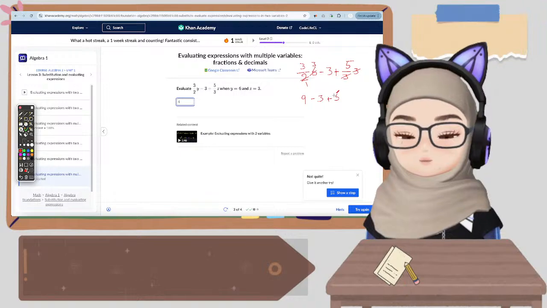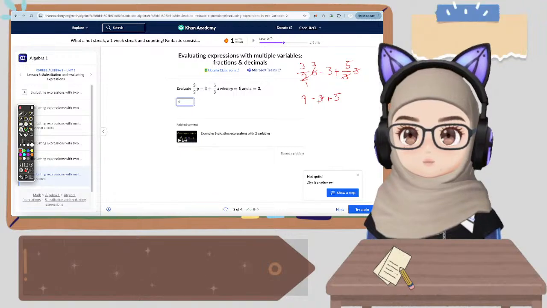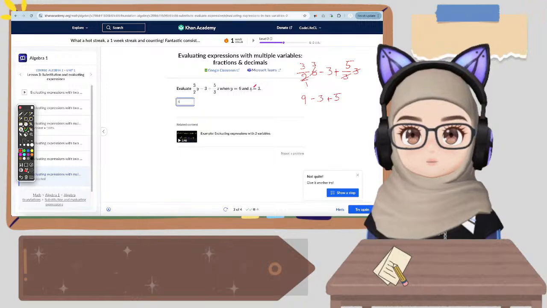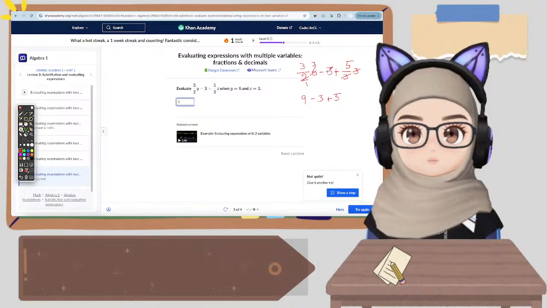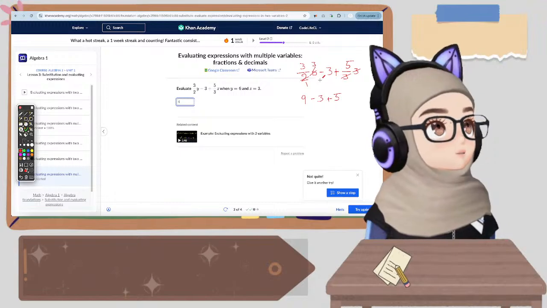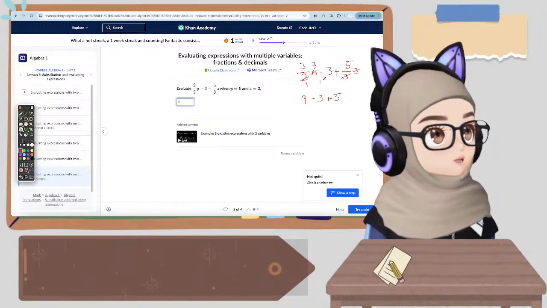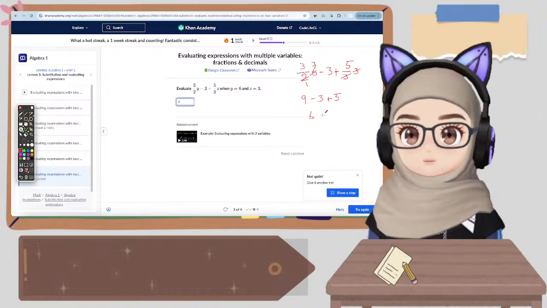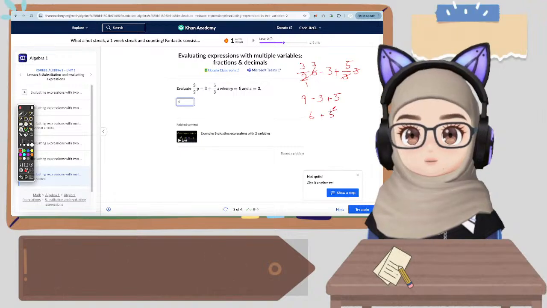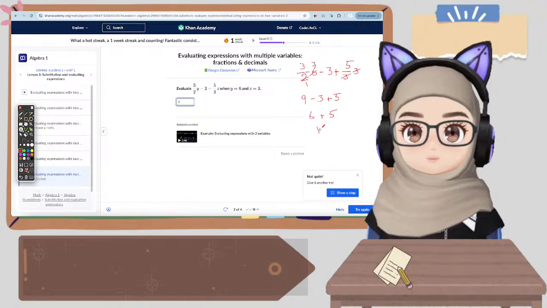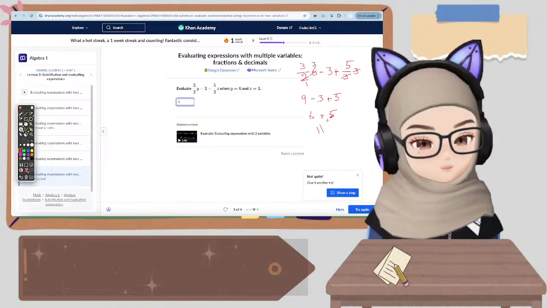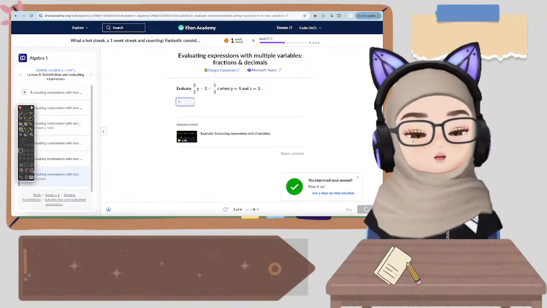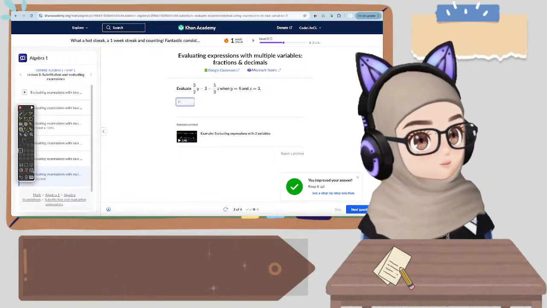Wait, where did it come from? Oh, well, did I swap the numbers? Wow. Okay. So this is a 6 plus 5. That's an 11. What? Is 11 the correct one? Where did the 2 come from?